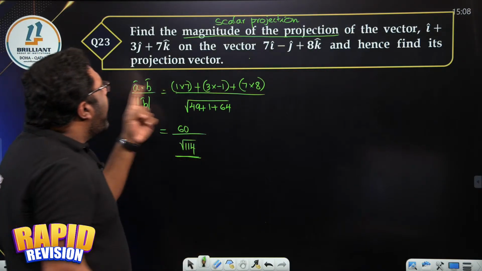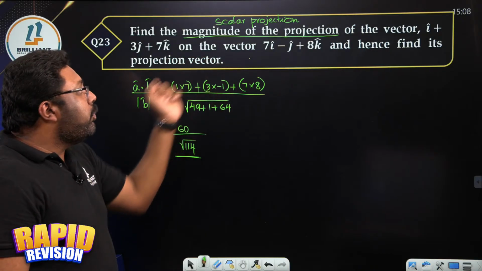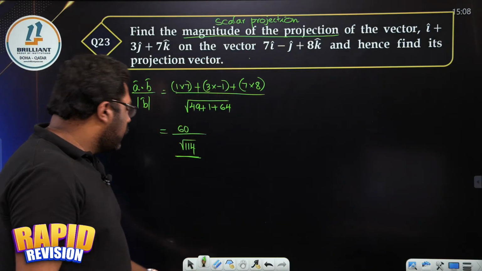This is the magnitude of the projection of A on B, or scalar projection.